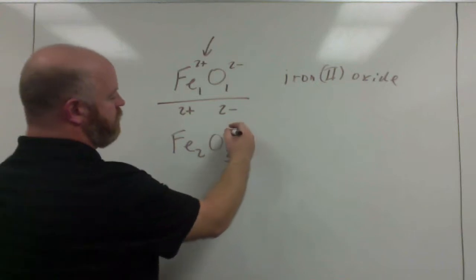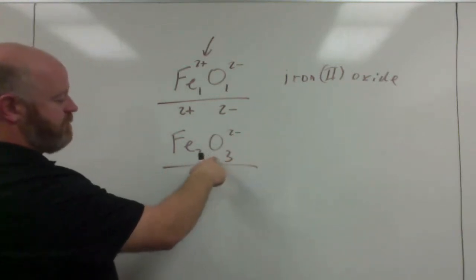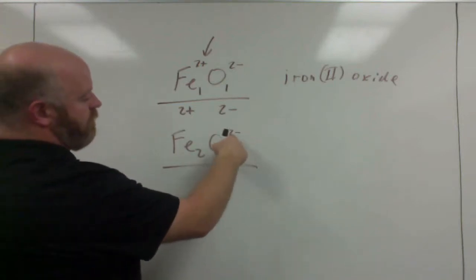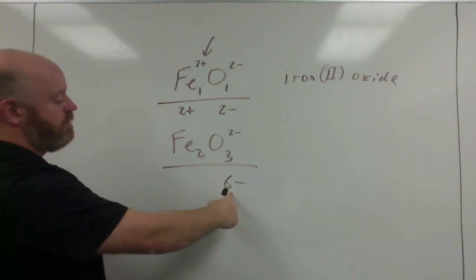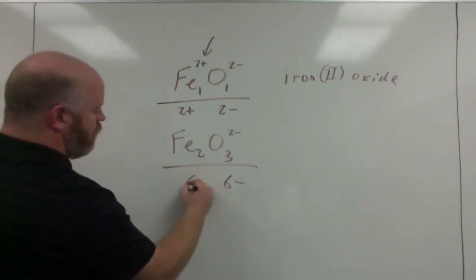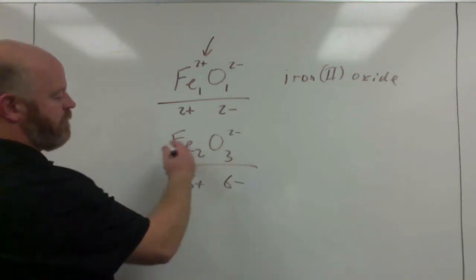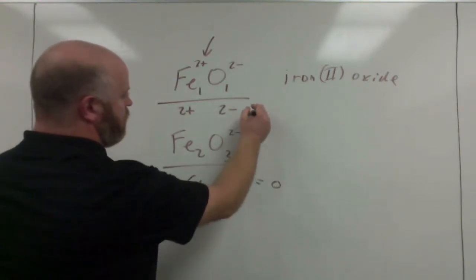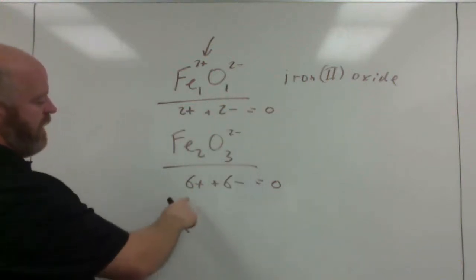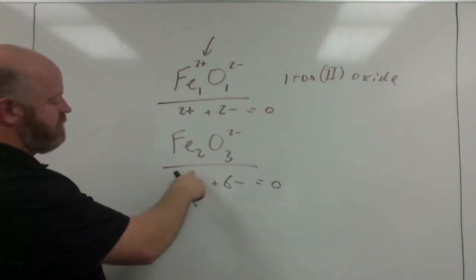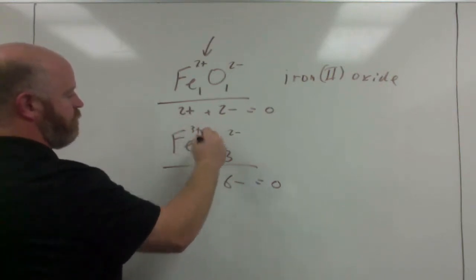Do the same thing down here. The oxygen still is a 2 minus, but now it takes 3 of those oxygens to balance out 2 irons. So we have a negative 2 times 3. We have a total negative charge of negative 6, which means we need a total positive charge of plus 6 because this compound has to be neutral. They have to equal 0 if you add them together. So if I have a total positive charge of 6 and it takes 2 irons to get that, each iron has to contribute a 3 plus to that.